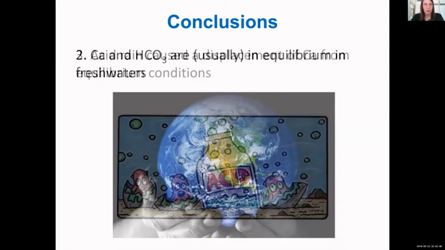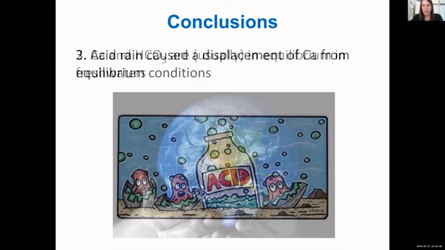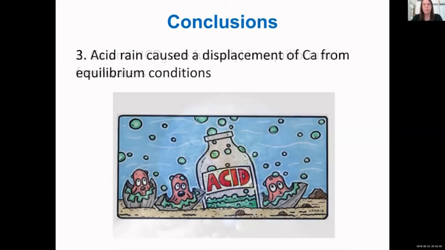And the third conclusion is that acid rain caused the displacement of calcium from equilibrium conditions. So we are able to make an anthropogenic impact which is so large that we change the whole equilibrium conditions on Earth, which is quite substantial, and which is really nice to see with all the nice data.